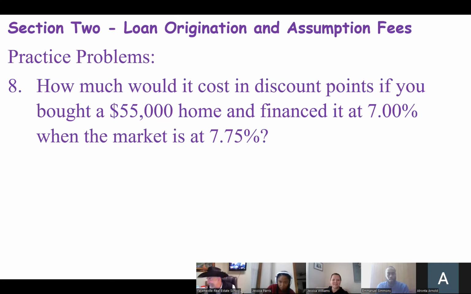Wait a minute. 0.75%. That was the answer I was trying for. So 7.75 minus 7% equals 0.75%. And if we go back to our pie chart, we'll see that 0.75% is the same thing as 6/8. Correct, Jessica Williams? And then now it's asking us the cost in discount points. So we're going to take that 6% times 55,000, and that is what it would cost this buyer in points.